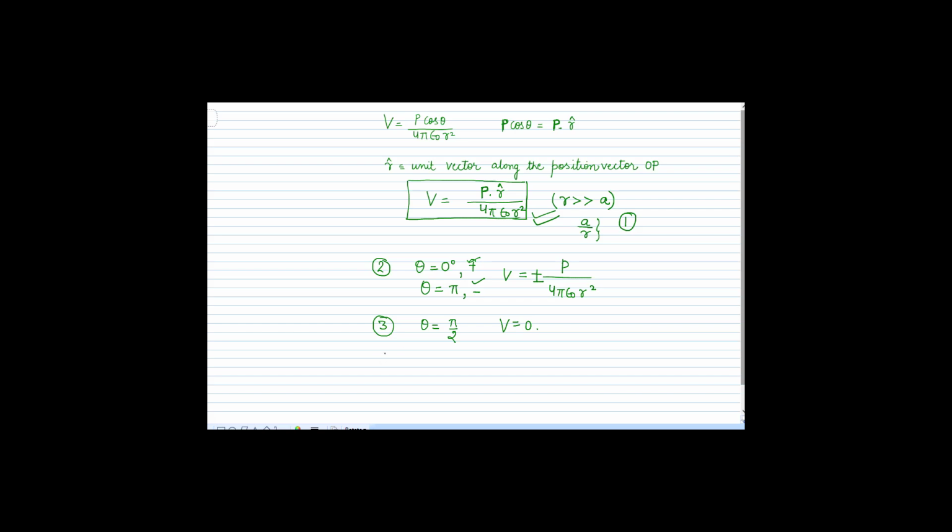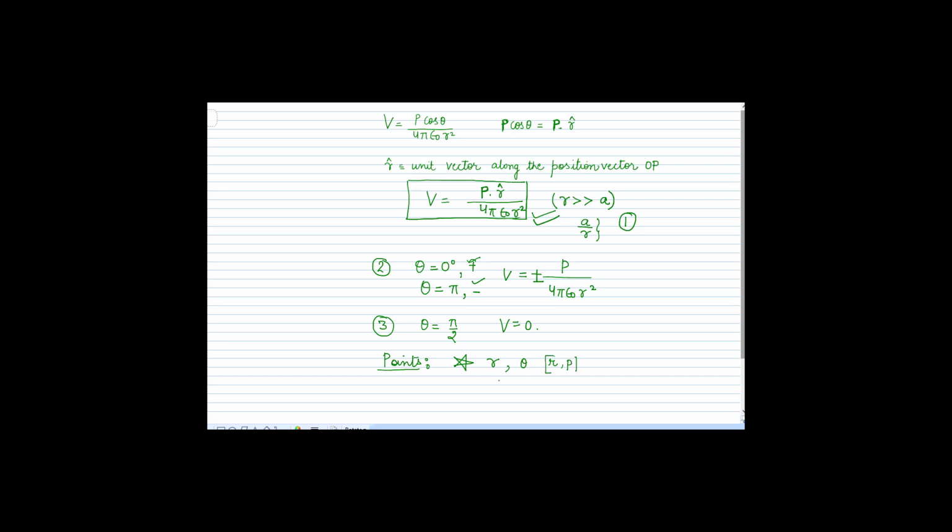So the points we draw from this derivation, wherever we have calculated the electrostatic potential due to a dipole: the first point we have to consider is that the potential due to a dipole depends not only on the distance r, but also on the angle between the position vector r and the dipole moment p.